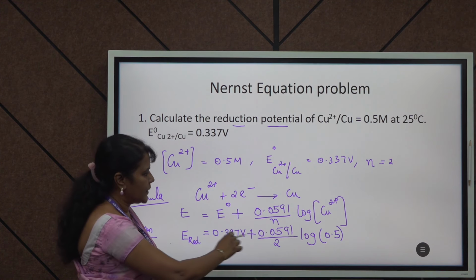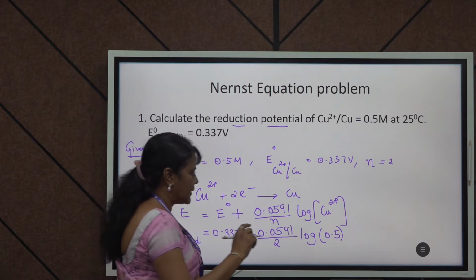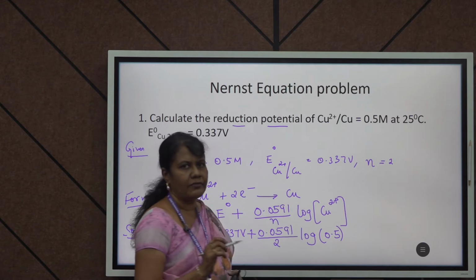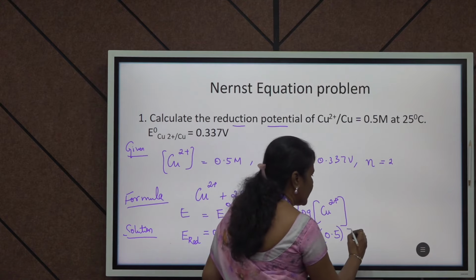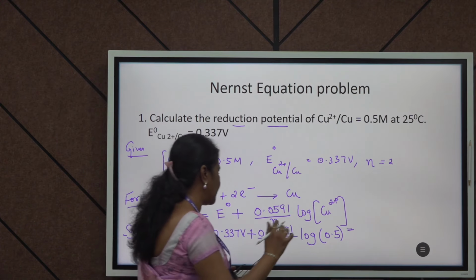So all the data are being substituted in the Nernst equation. Now coming to the calculation part, log 0.5 is minus 0.3010.